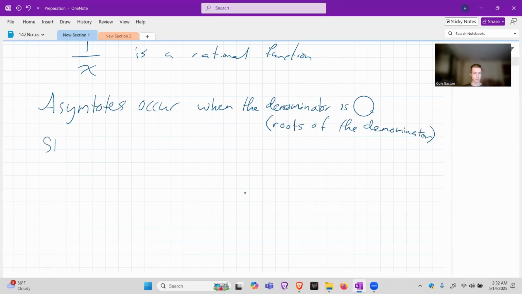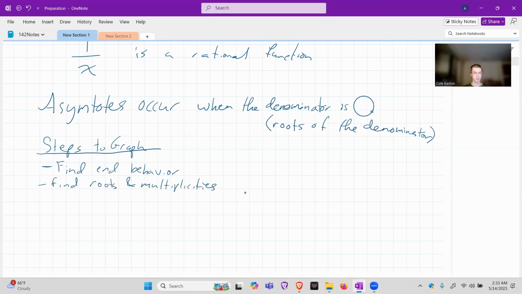The steps to graph a rational function are basically the same steps as we have had before. Find end behavior, find roots and multiplicities.